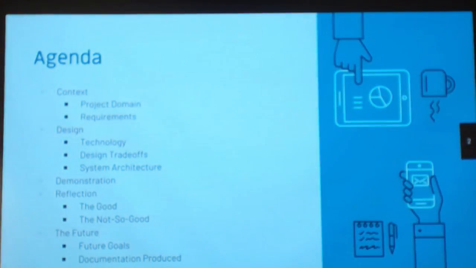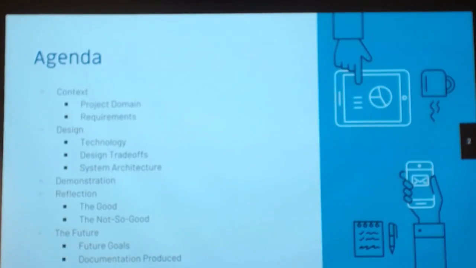All right, so what we're going to talk about today, we're going to start out with the context, give you a brief overview of any of the background information you need to understand our project and our project domain. We're going to talk about the requirements that our sponsor provided us, and then we will jump into the design. We'll get into some of the technologies we chose for our project, as well as some of the design trade-offs we had to consider.